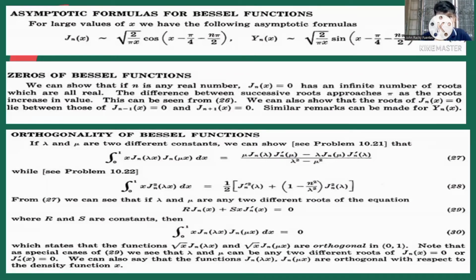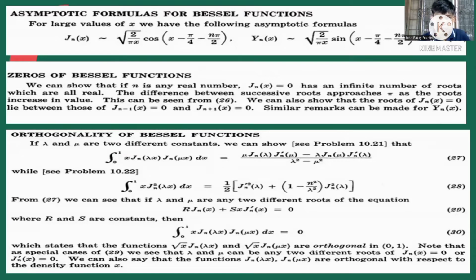Let's go to the asymptotic formulas for Bessel function. For large values of x, we have the following asymptotic formulas. Which is yung J sub n of x is approximately square root of 2 over pi x cosine of (x minus pi over 4 minus n pi over 2).